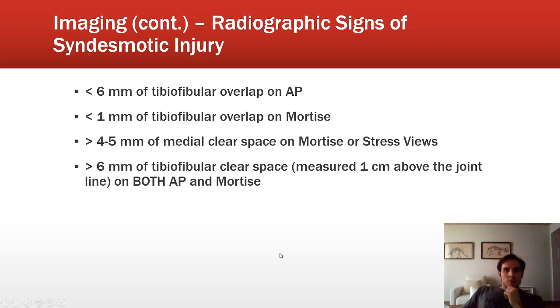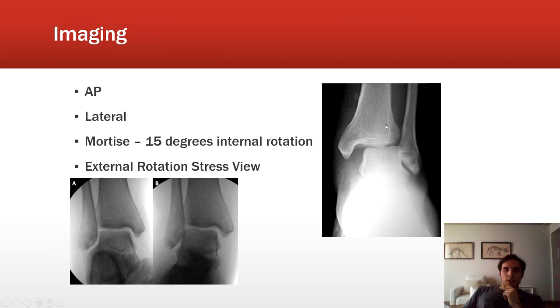So imaging continued. These are radiographic signs of syndesmotic injury. As I mentioned before, your mortise view will help on a lot of these to assess if there's any syndesmotic injury. So on your AP view, less than 6 millimeters of tibiofibular overlap is concerning for syndesmotic injury. So what does that mean? If we go back here, let's get a better AP view.